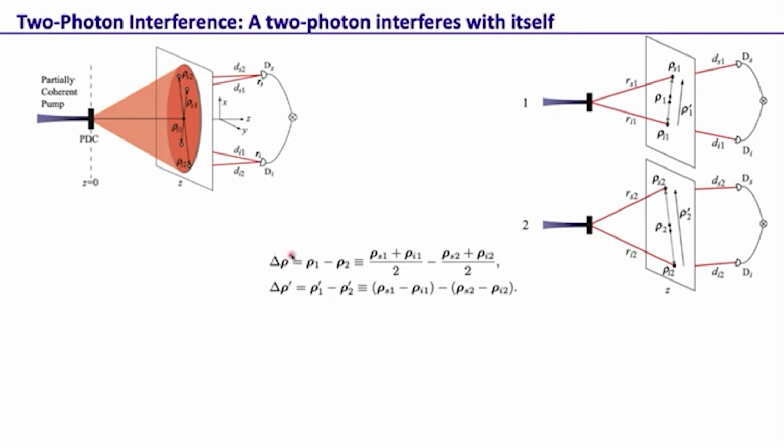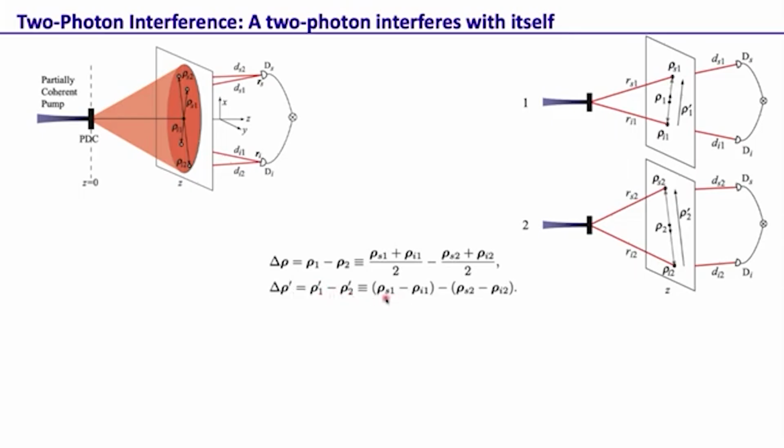In order to do that, we again introduce these terms delta rho and delta rho prime. This is just as we had done delta L and delta L prime in the other case. So delta rho is rho 1 minus rho 2, where rho 1 is just the average of these distances, which is rho S1 plus rho I1 by 2. Rho 2 is the average of these 2 distances or displacements, rho S2 plus rho I2 by 2, and the difference is delta rho. Delta rho prime is rho 1 prime minus rho 2 prime.